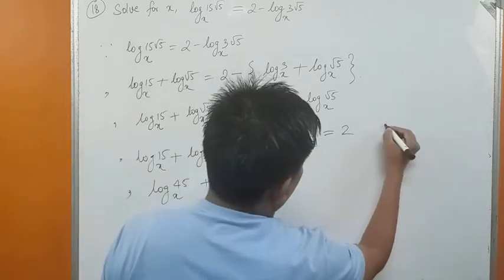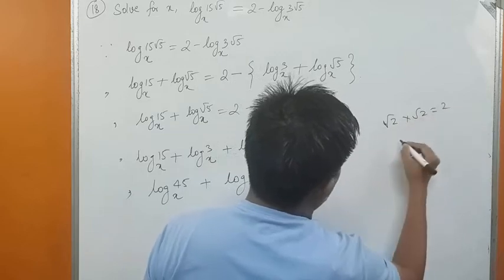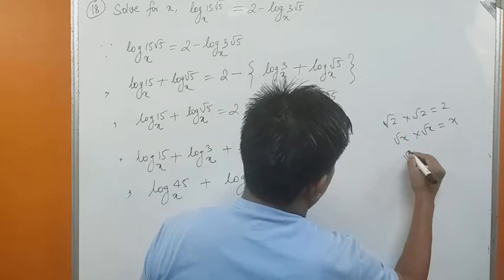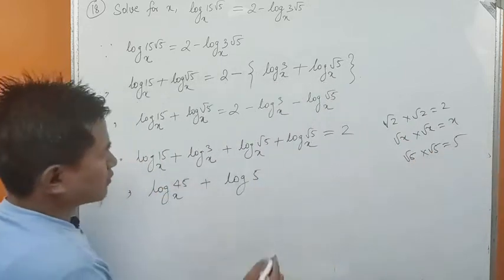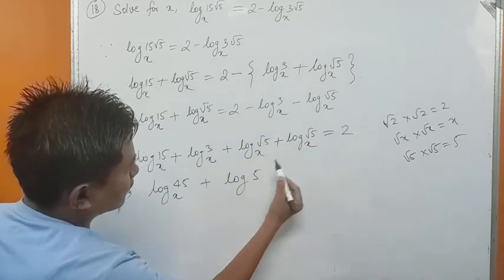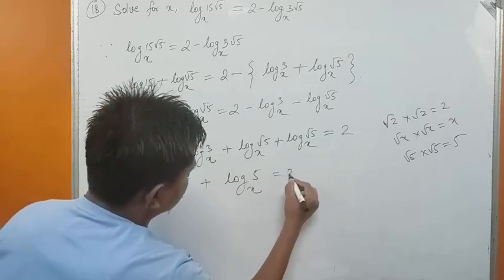Root 2 into root 2 equals 2, root x into root x equals x, root 5 into root 5 equals 5. Similarly, log m plus log n means log m into n, that is root 5 into root 5 is 5 to the base x equals 2.